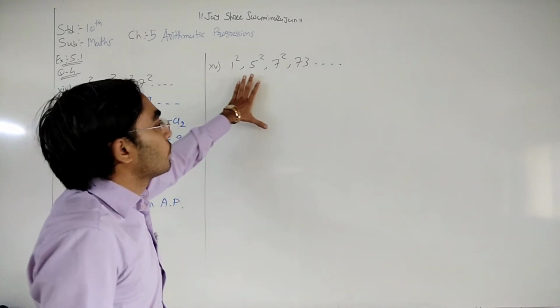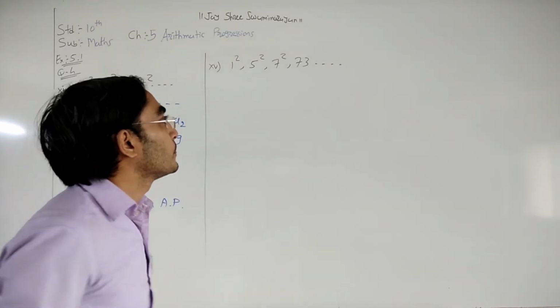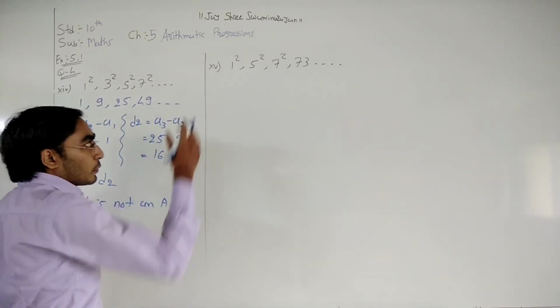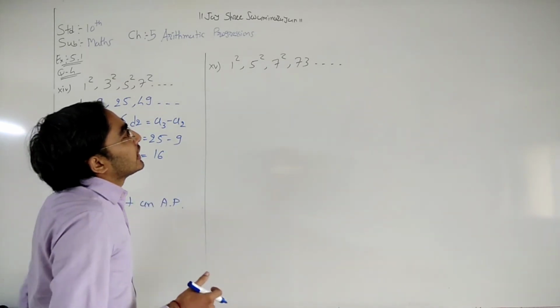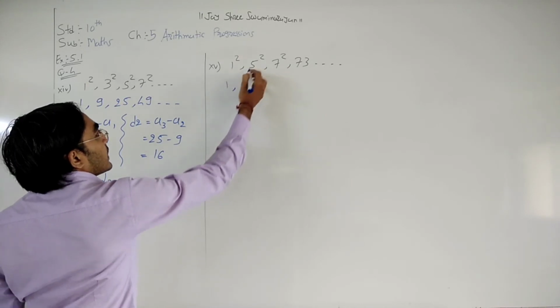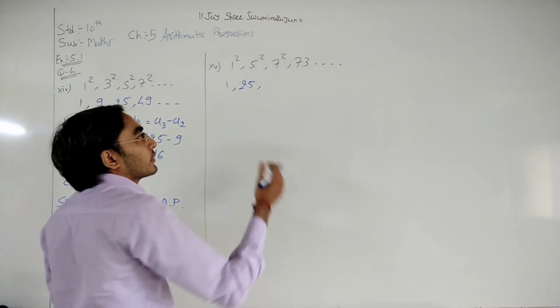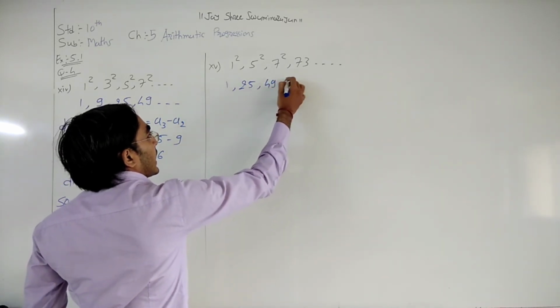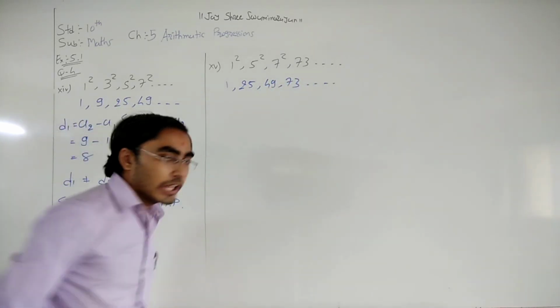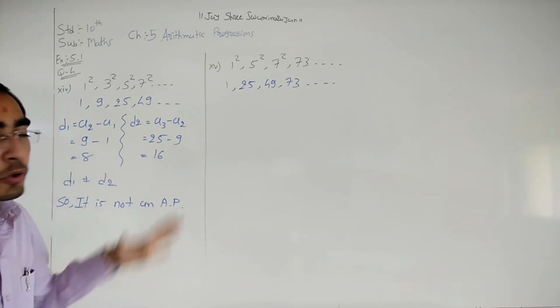1 square, 5 square, 7 square and 73 dot dot dot. So here first of all convert this AP into simplest form. So 1 square is 1, 5 square is 25, 7 square is 7 multiplied by 7, 49, and 73 up to infinite. Okay, now we need to check this is an AP or not.